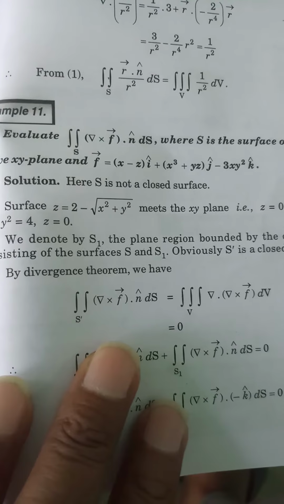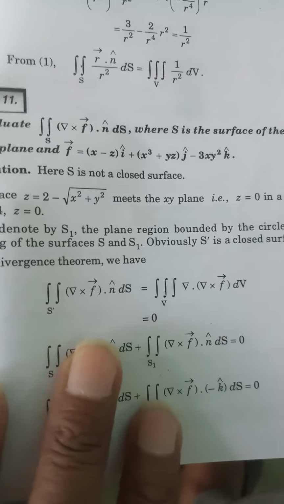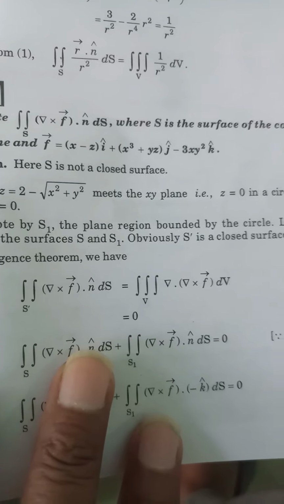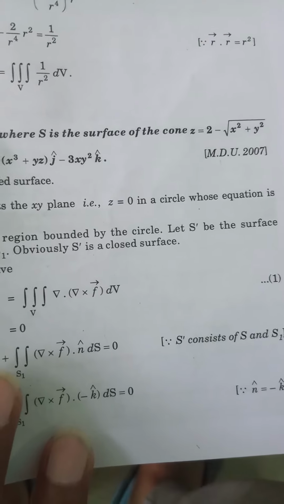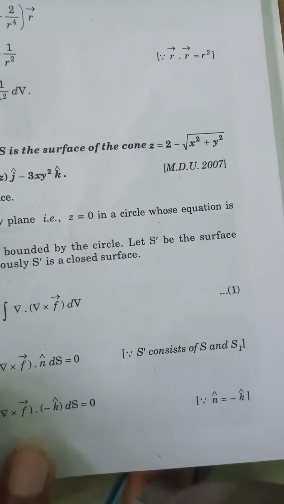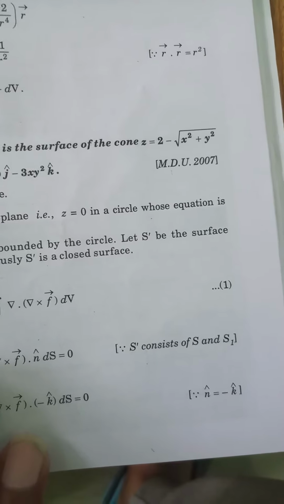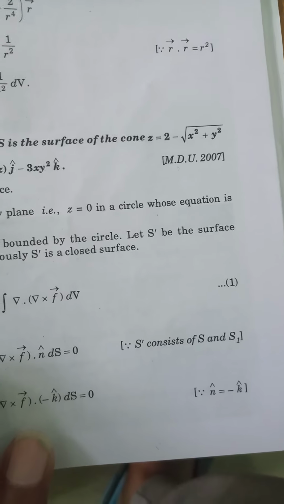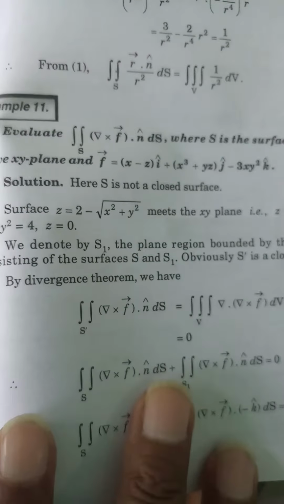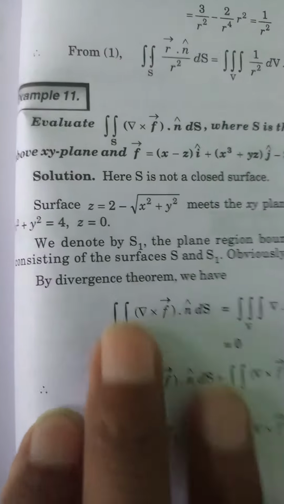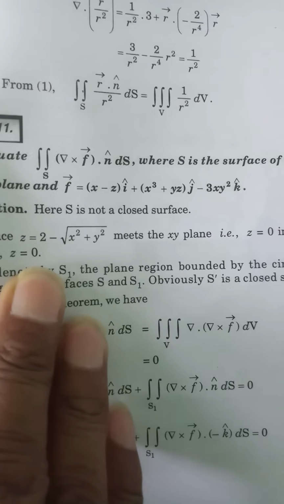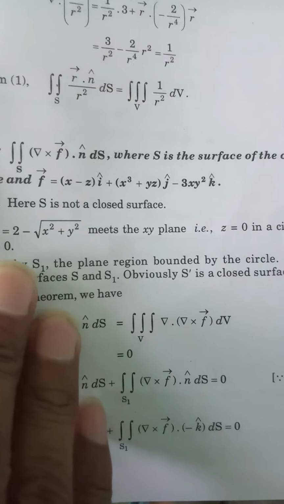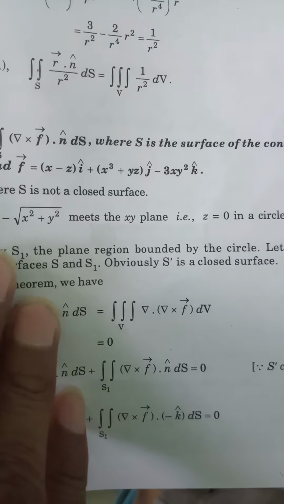Evaluate the double integral of curl f dot n ds, where S is the surface of the cone z equals 2 minus under root x square plus y square, above the xy plane, and f equals (x minus z) i plus (x cube plus yz) j minus 3xy square k.